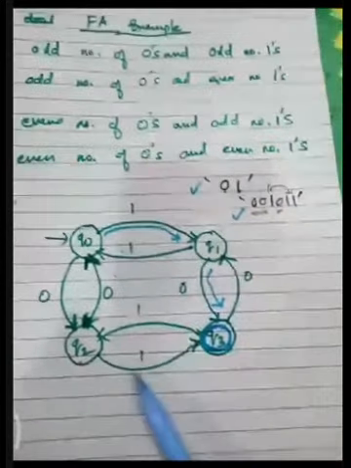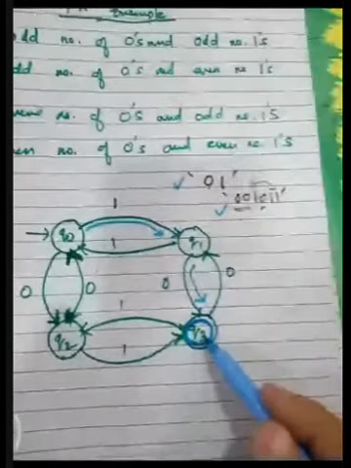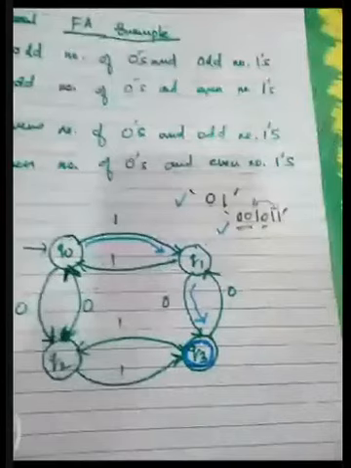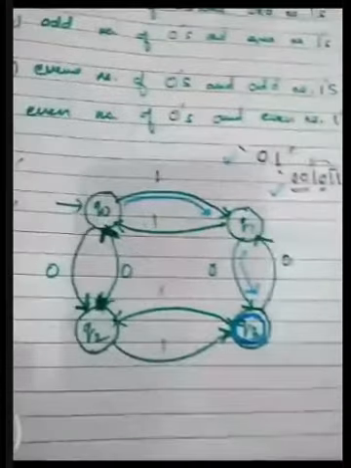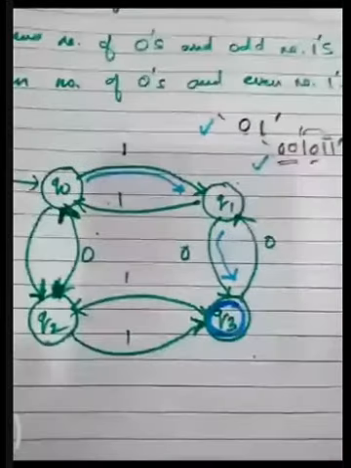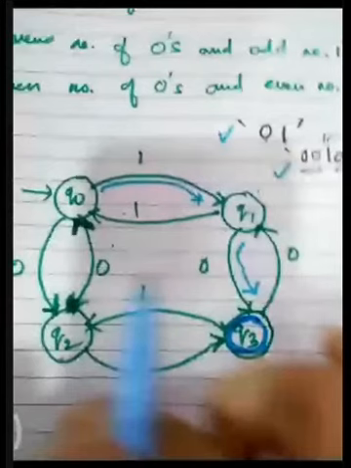For the second case also, this Q3 is the suitable state, which takes you to the conclusion that these two strings have an odd number of zeros and an odd number of ones. That's why here for the first case we can make the Q3 state a final state. Clear? All other three states will be non-final states.